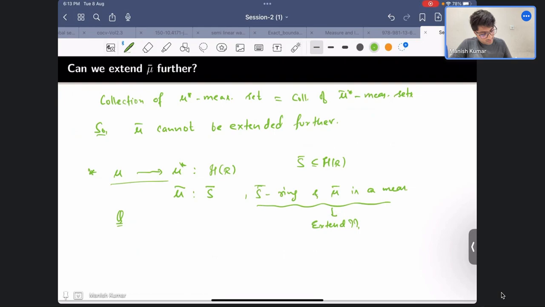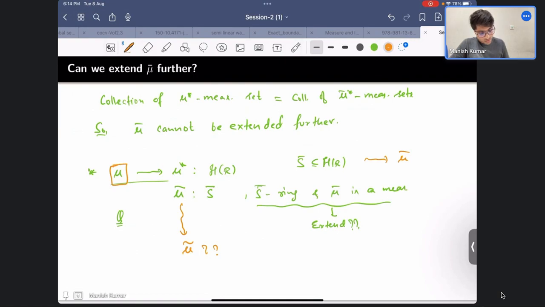Obviously we can extend it, but what will be the outcome? When I had this measure mu, I extended it to get a new measure mu bar. So the next question is, I have this mu bar now, can I extend it to get something mu tilde? Is it possible?